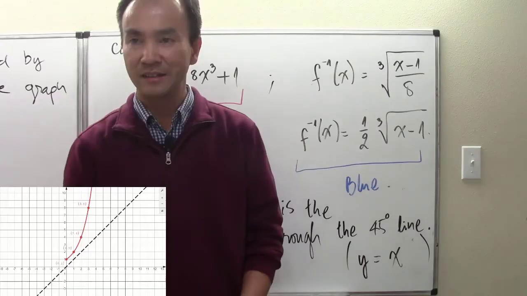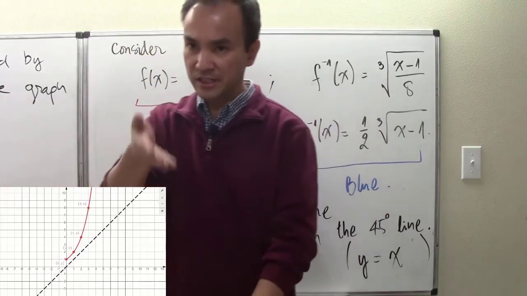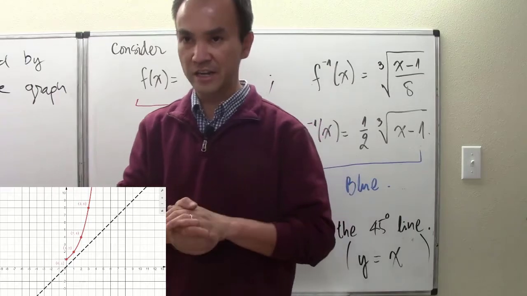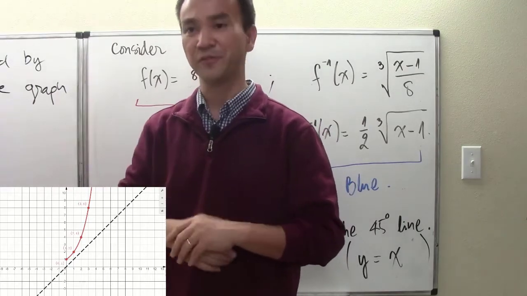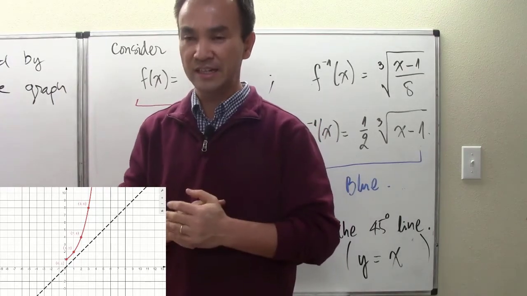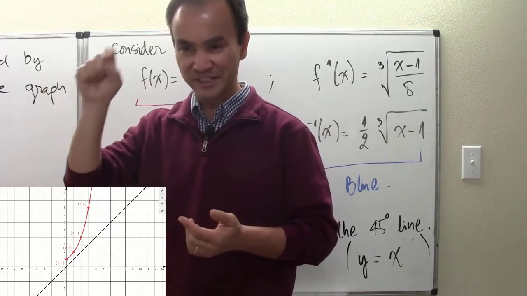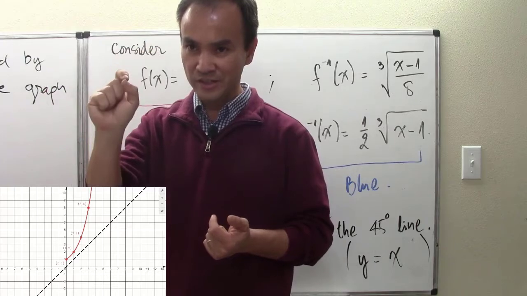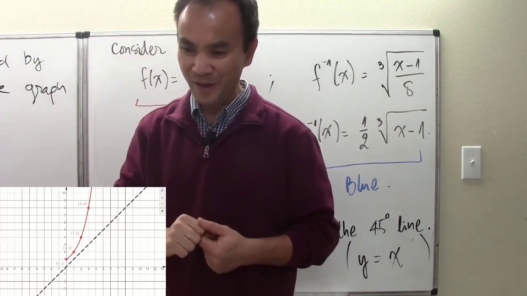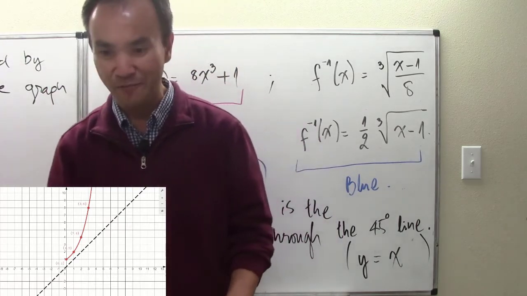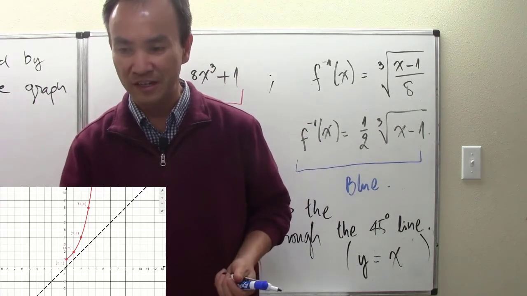And again, needless to say, this function itself is already a one-to-one function. And you can quickly double check that. Focus right on those horizontal grids right there. Any of those horizontal grids only crosses the graph at one point.